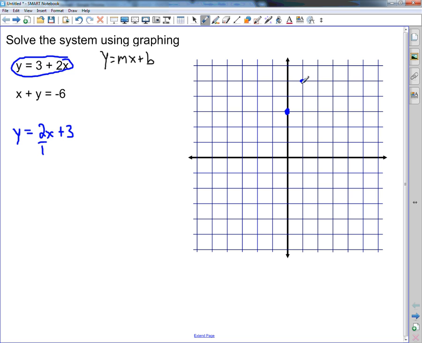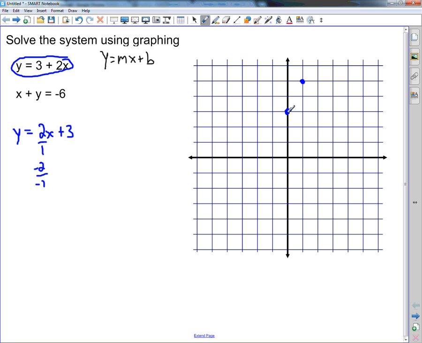Now, the idea with systems of equations, when you're graphing them, is you probably want to use a few more points than just 2. MyMathLab only requires you to do 2, but as you're doing the work on your paper, you probably want to do a few more points. So remember that 2 over 1 is the same as negative 2 over negative 1.